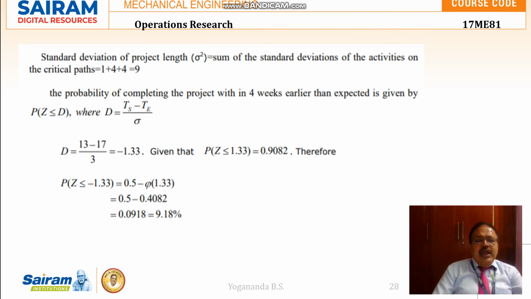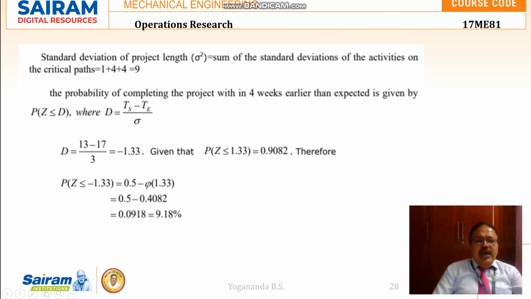So here the standard deviation of the project length: that is sigma square, the sum of the variances of the activities on the critical path. Under the square root of this variance sigma square, that gives the standard deviation.